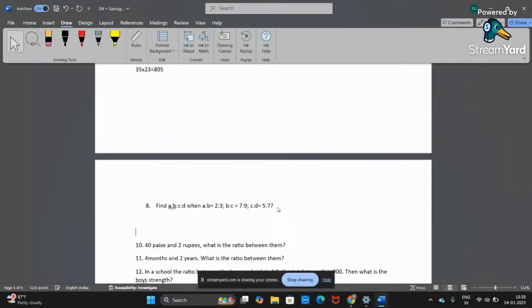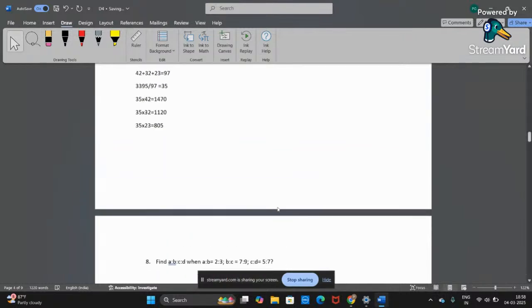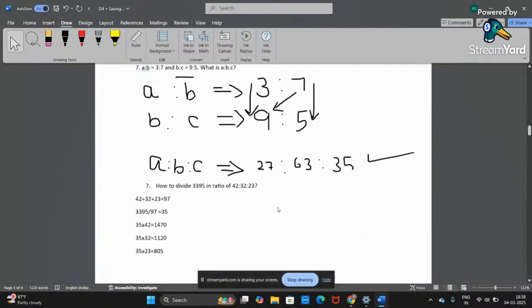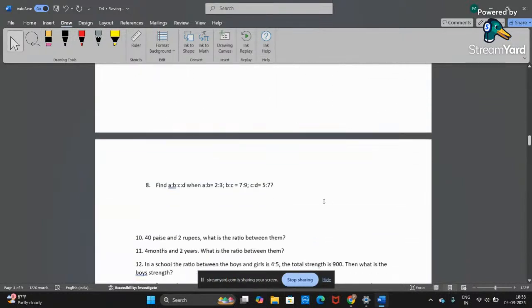This sum is like the previous sum. Here we have AB, BC, and CD.